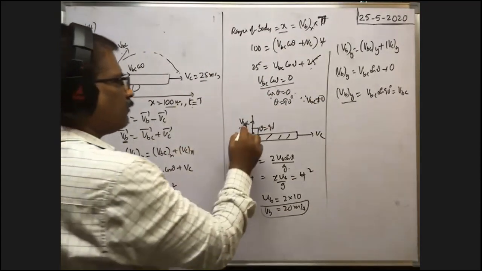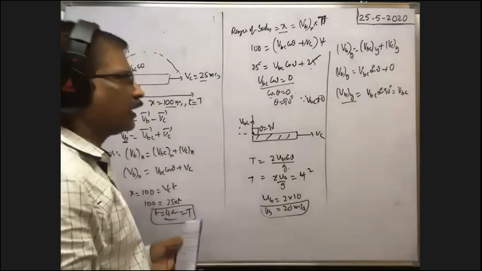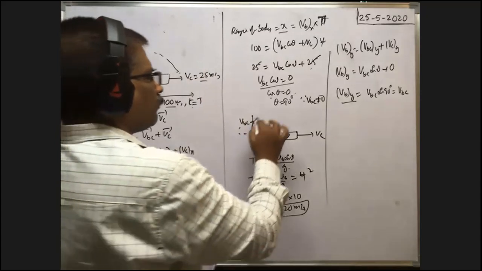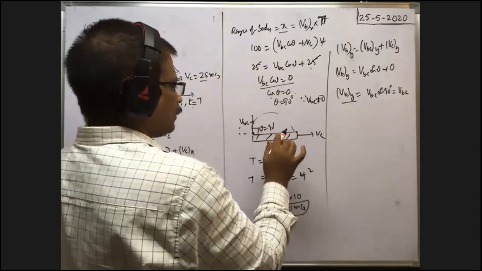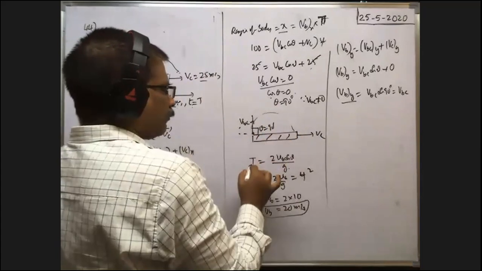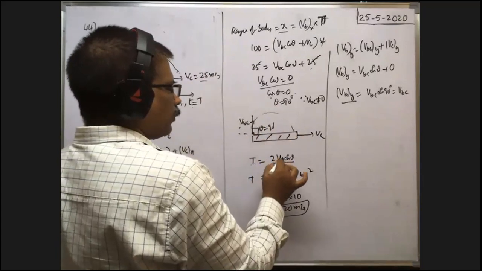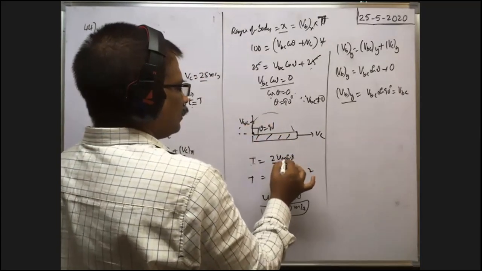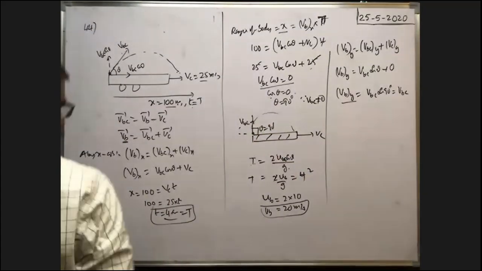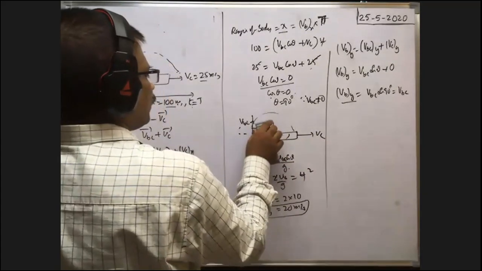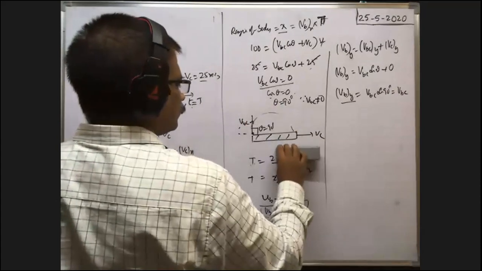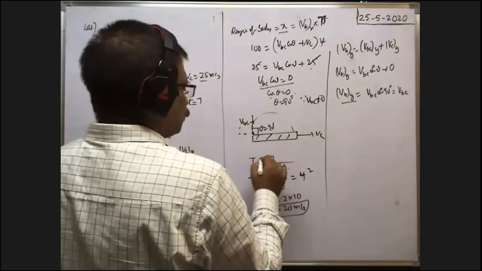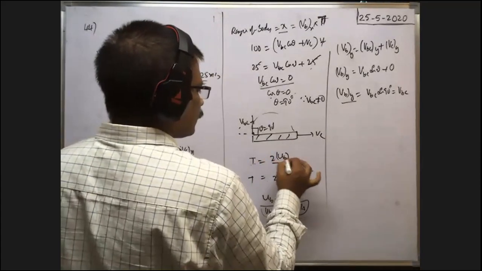So the velocity of the body with respect to the car is in this direction. Okay, now with what velocity is it projected? This velocity they asked. During the time of flight of 4 seconds, what is the formula for the time of flight? T is equal to 2 times the velocity of the body, the component of the velocity of the body with respect to the car in the upward direction, divided by g. Actually here, to find the time of flight, we write 2 times the velocity of the body along the y-axis divided by g.